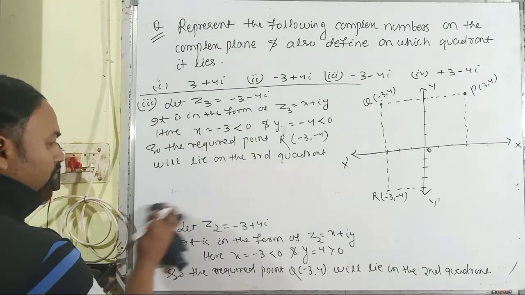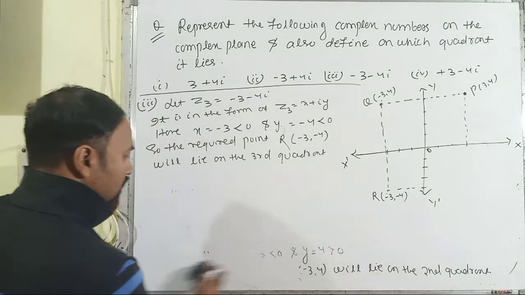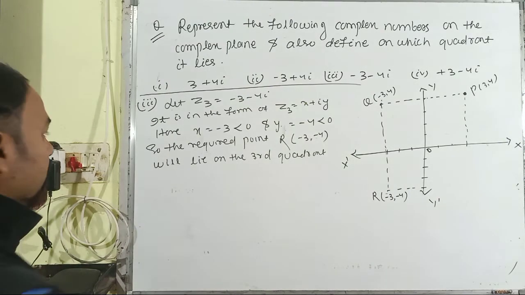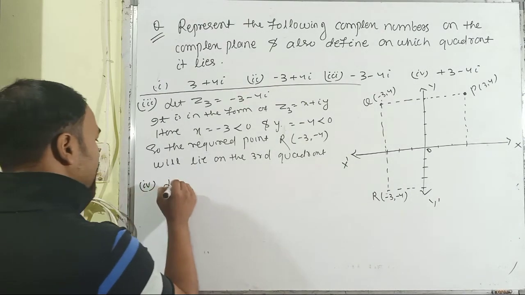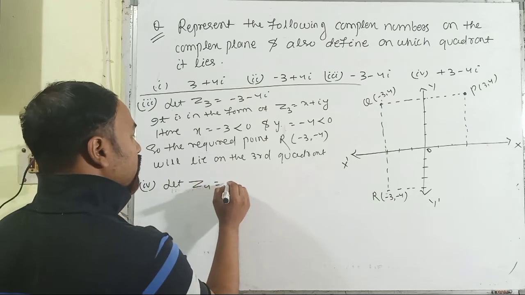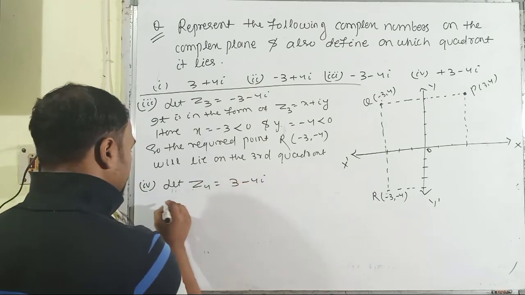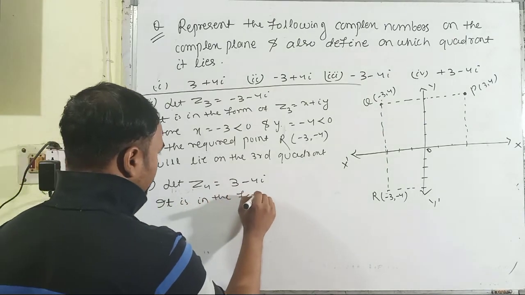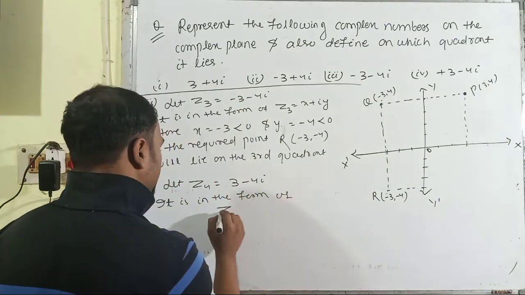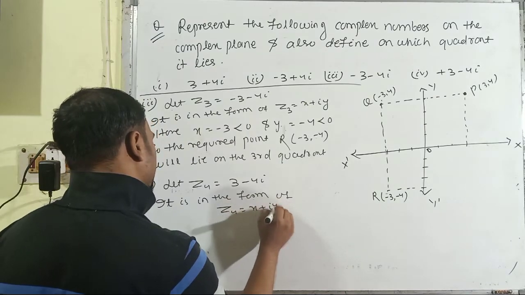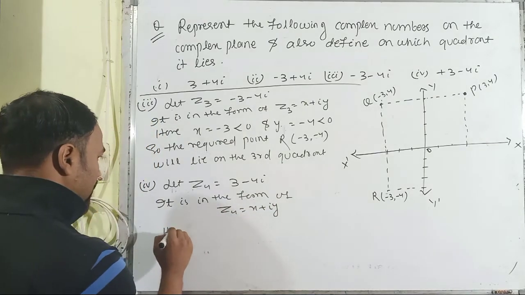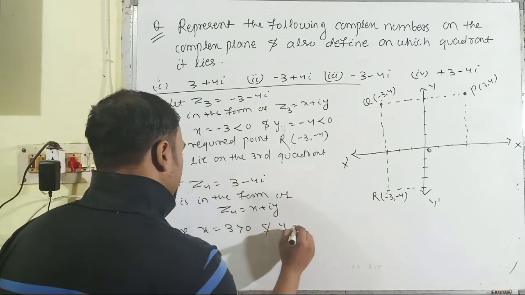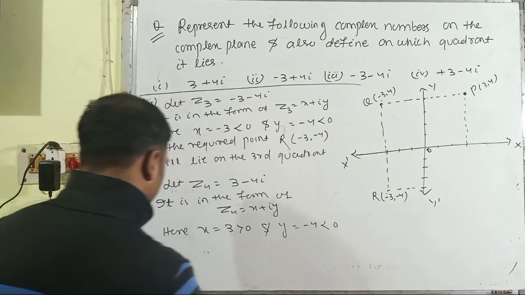Then let us go through the fourth one, and we have to represent plus 3 minus 4i. Let z4 is equal to 3 minus 4i. It is in the form of z4 is equal to x plus iy. Here x is equal to 3 greater than 0 and y is equal to minus 4 less than 0.